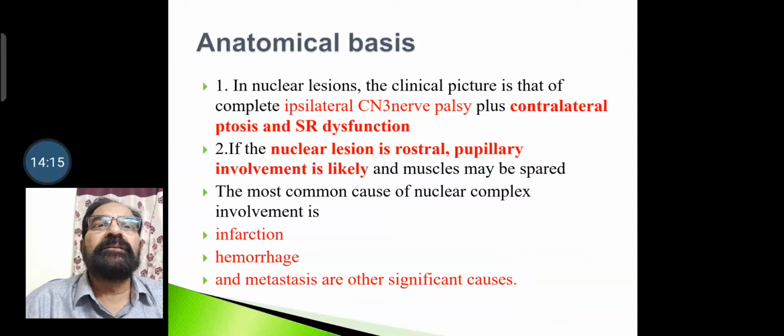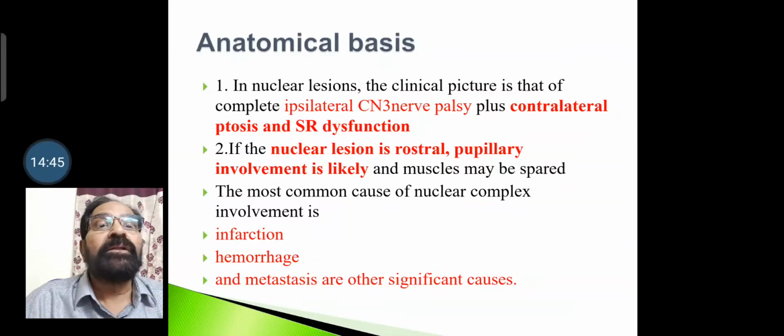In nuclear lesions, the clinical picture is that of complete ipsilateral third nerve palsy plus contralateral ptosis and SR, that is superior rectus dysfunction. This is what happens in nuclear lesions. If the nuclear lesion is rostral, the pupillary involvement is likely and muscles may be spared.